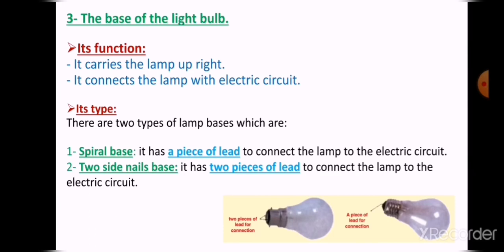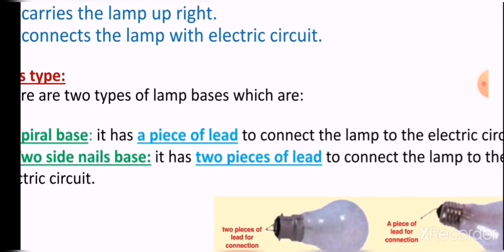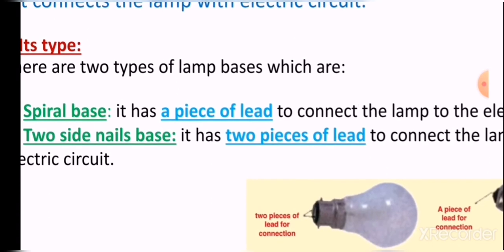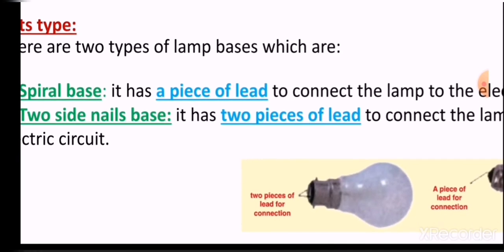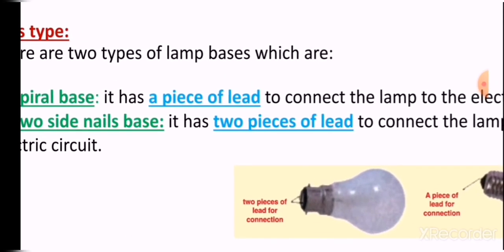Okay? Its types. There are 2 types of bases of the light bulb: a spiral base and a two side nails base.